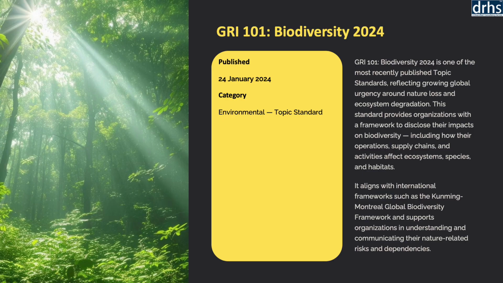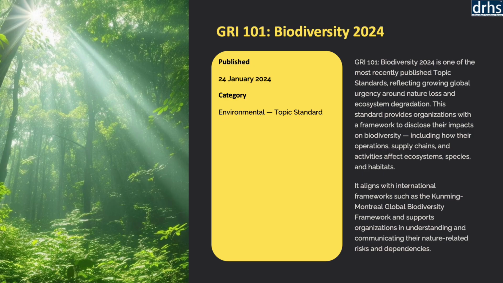Importantly, the standard aligns with evolving global initiatives such as the Kunming-Montreal Global Biodiversity Framework, reinforcing coherence between corporate reporting and international policy objectives. It enables organizations to articulate nature-related risks, dependencies, and mitigation strategies with greater clarity and consistency.